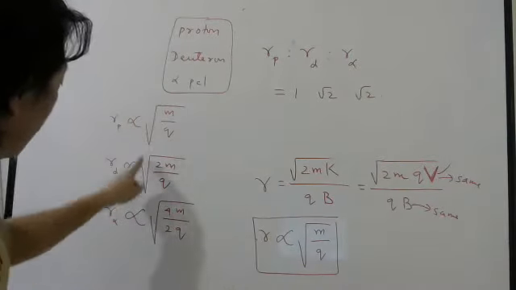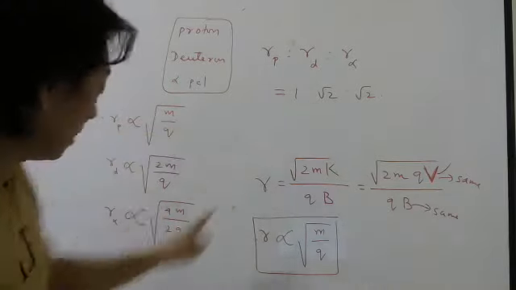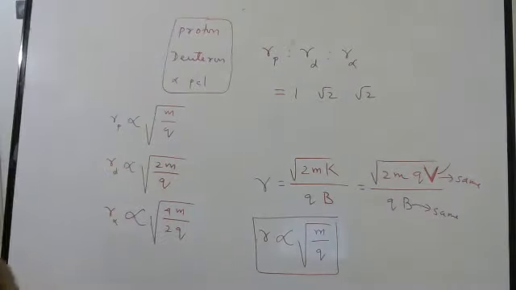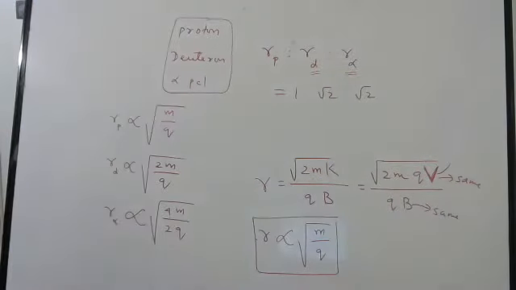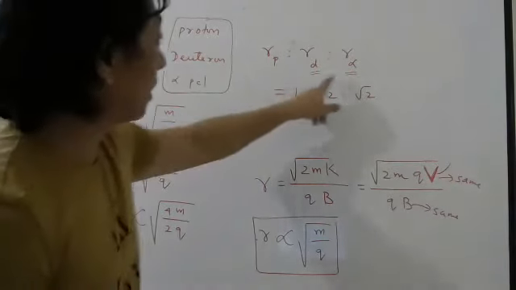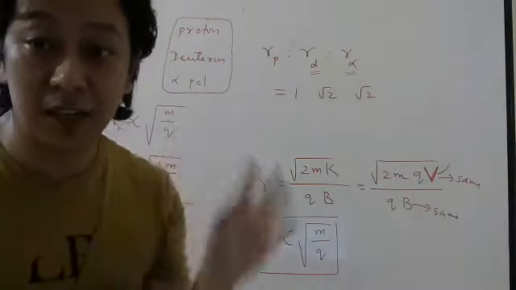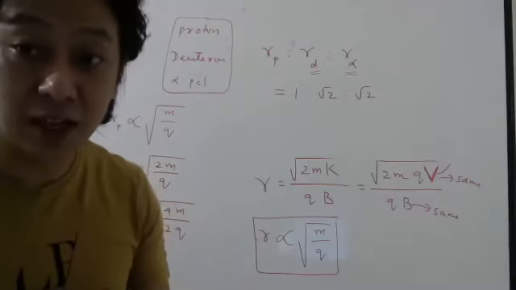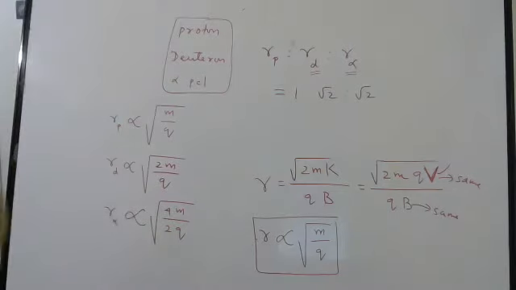Here also root over m by q, but extra is what? Root 2. So root 2 will come. Here what is the extra? Root 2 only. So root 2 will come. So one thing you may have noticed, deuteron and alpha move with same radius. And again, that is because here voltage was same. Which voltage? That voltage which gives these charges kinetic energy.